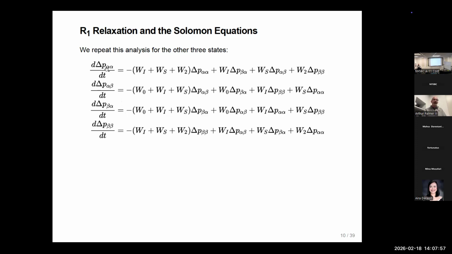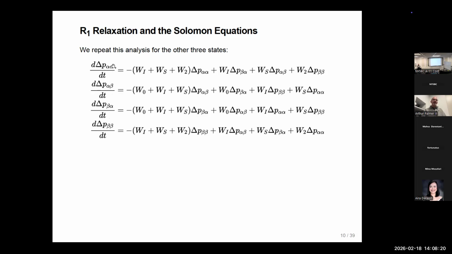So here, the I spin is in the alpha state, here the I spin is in the alpha state, here the I spin is in the beta state, here the I spin is in the beta state. So IZ is going to be proportional to the sum of these two minus these two.